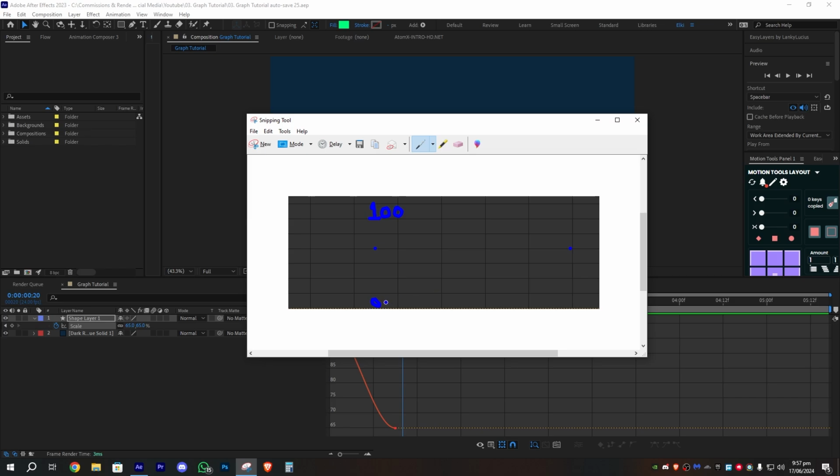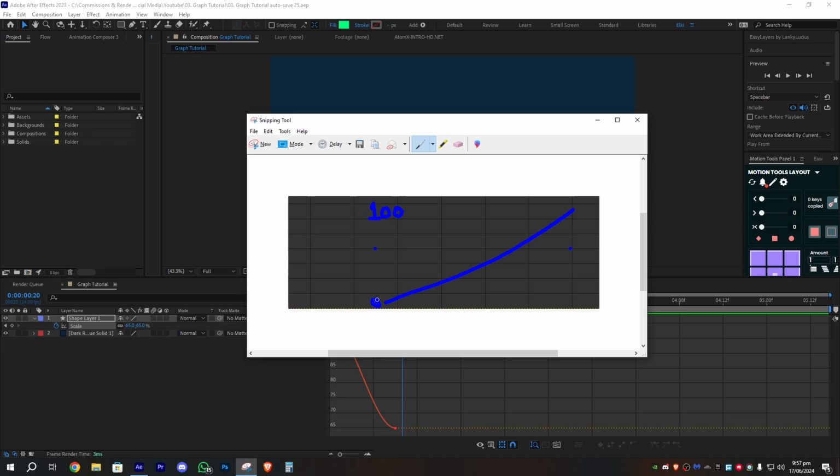In the value graph, if we had linear keyframes, it would start from 0, right? Because that's where the starting keyframe is, and it would go kind of like this because that's where the ending keyframe is. That's 0 and that's 100.